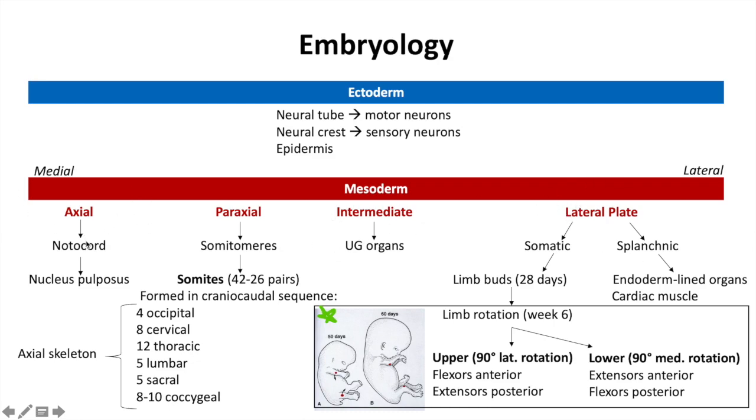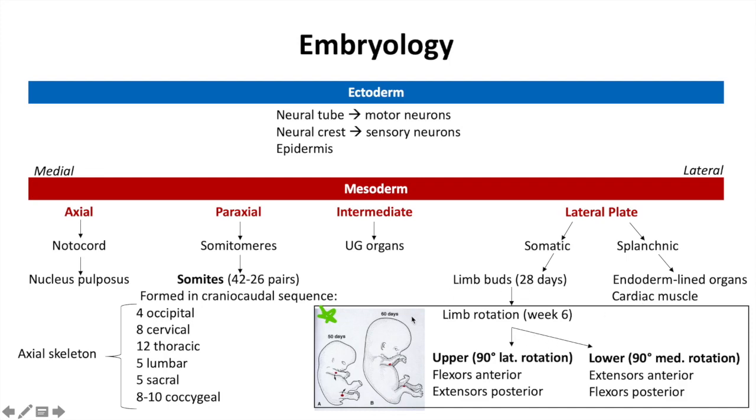The axial is going to form the notochord and the nucleus pulposus. Our paraxial is going to end up forming somites. Our intermediate is going to be forming those Golgi organs. And then the lateral plate, which we had talked about in second block, is going to consist of somatic and splanchnic. From the somatic we get our limb buds, and from the splanchnic we get our endoderm-lined organs and our cardiac muscle.